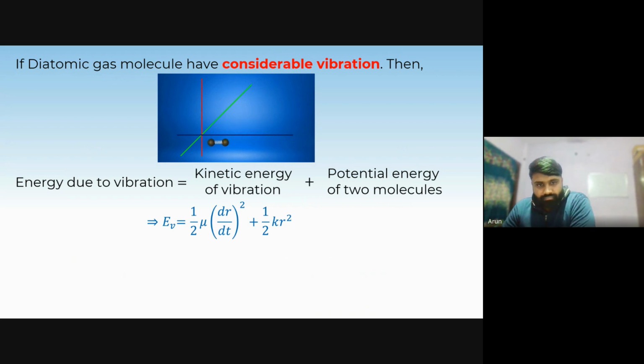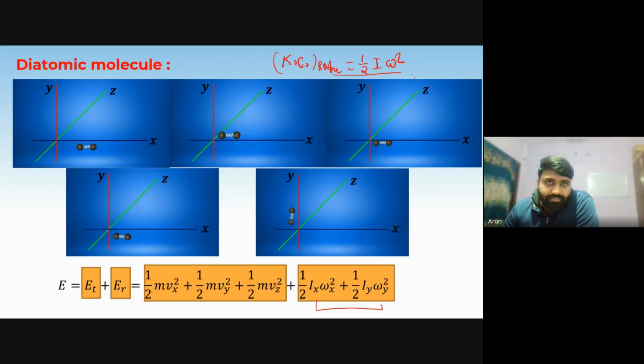Okay. So if you see the previous energies, translational and rotational, for one axis you have only one square term. For Ix you have only one square term, for Iy only one square term, for translation and for rotation also.